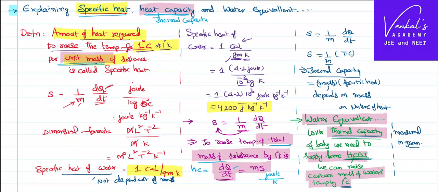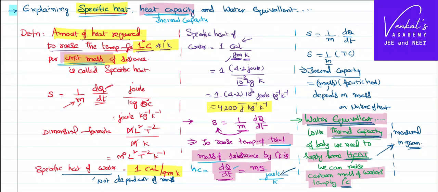Actually, water equivalent and thermal capacity are both the same. They are representations of the same thing in two different terms. Thermal capacity is in terms of heat, water equivalent is represented in terms of water. Both are the same in nature, but water equivalent is measured in grams, whereas thermal capacity is measured in joule per Kelvin.